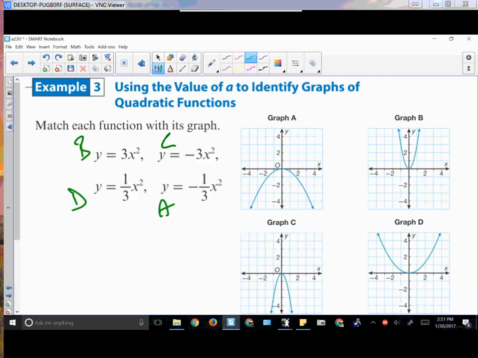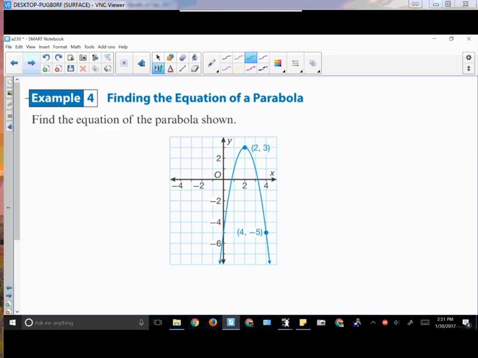So, let's take a look at this one. Now I need to find the equation of a parabola. So I've got to take all the stuff that I've done so far and put it together. Now remember, our equation is y is equal to a times (x minus h) squared plus k. First thing I want to find here is h comma k.